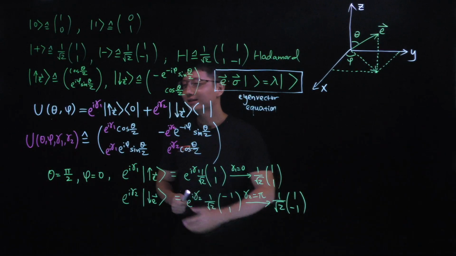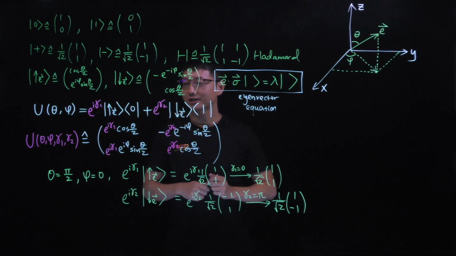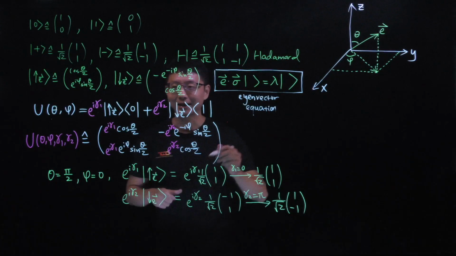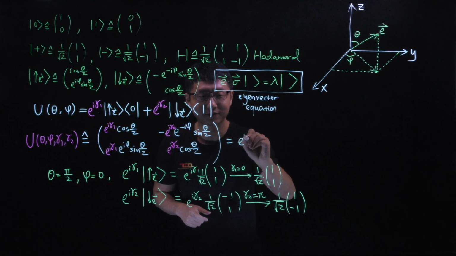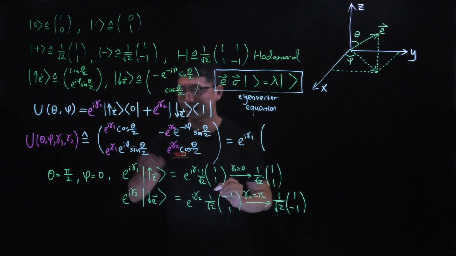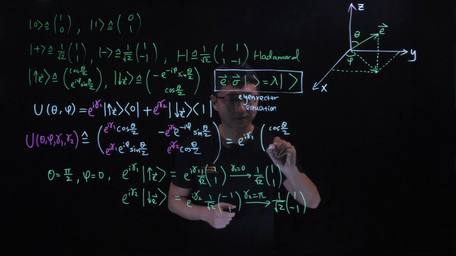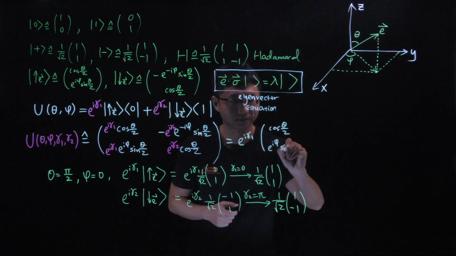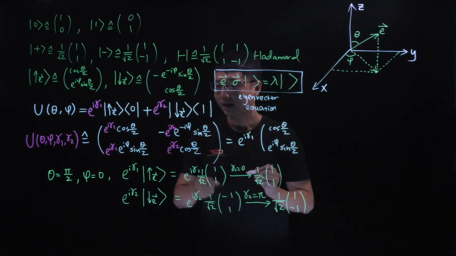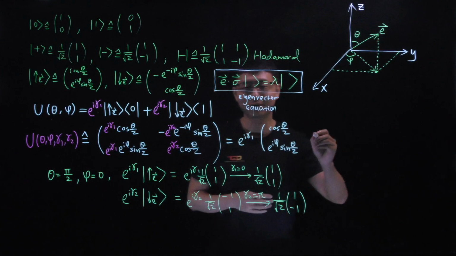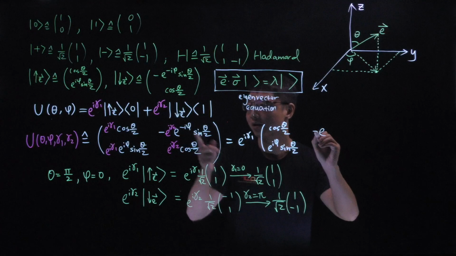We can in fact simplify the expression for the unitary operator a little bit by taking out the e to the power of i gamma 1 as an overall phase factor in front, and be left with only these two terms for the first column. And a relative phase that is e to the power of i gamma 2 minus gamma 1 for the other column.